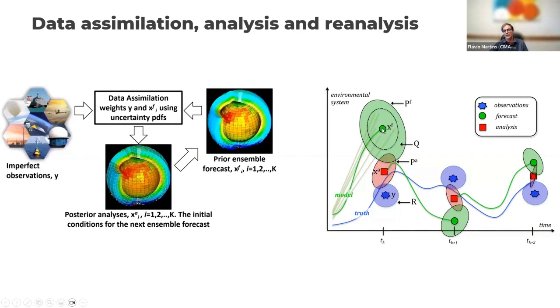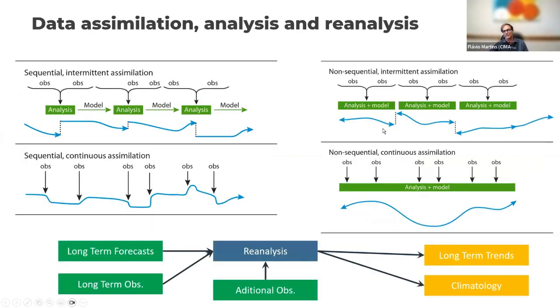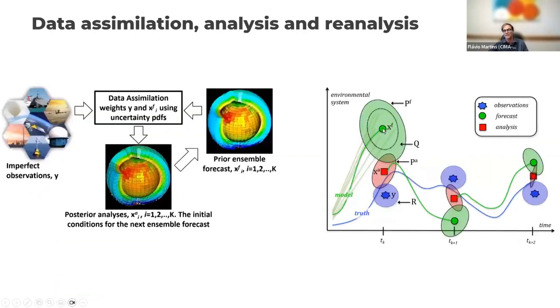So we have the values, and we should know the error of my model. Okay? And then these are the observations, and I should also know the error of the observations.